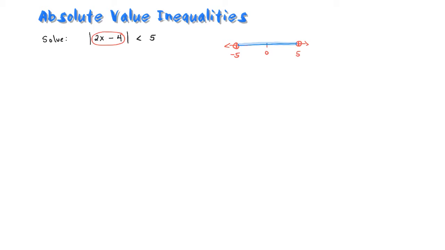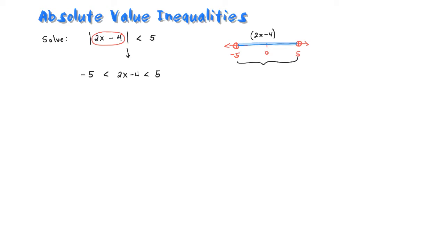So this is exactly what is being represented by 2x minus 4. 2x minus 4 has to be in this blue region between -5 and 5. So I can write this over here as a 3-part inequality. I can say 2x minus 4 must be less than 5 and must be greater than -5.